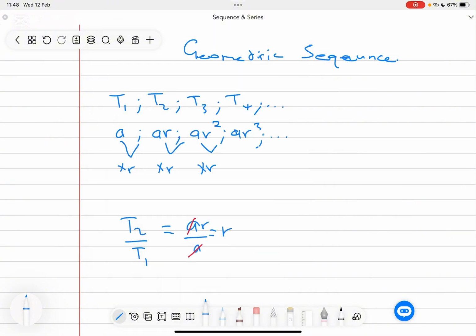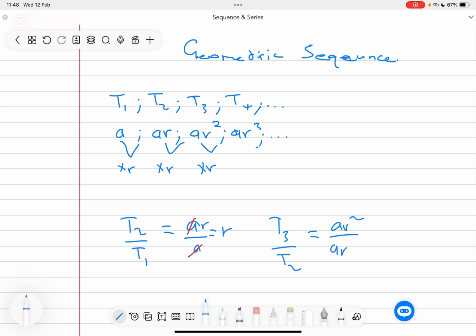The same can be said if I take term 3 and divide by term 2. This would mean that I'm going to have my term 3 to be AR squared, and we're dividing that by term 2, which is just AR.